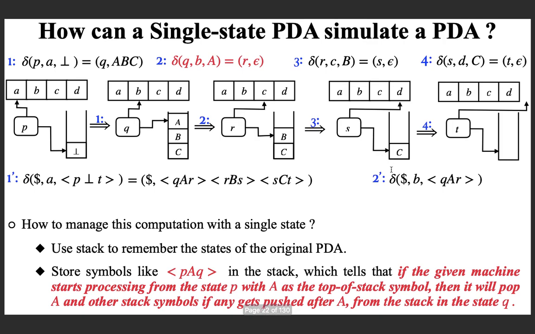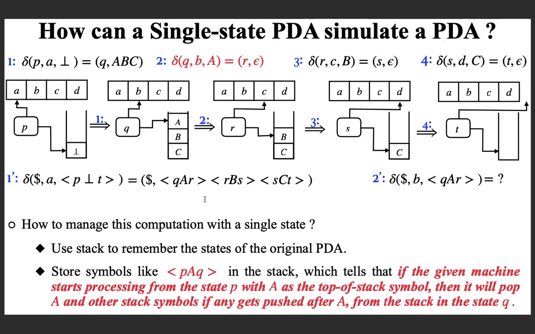And now you look at the next function. Here what you have to define is, from that single state, if you process B as the input and suppose A is on the top of stack, then in which state you will take out A? That is in the state R itself. So you can define it as QAR, and the RHS will be what? The number of triples here you need is the same as the number of symbols in the string in the RHS.